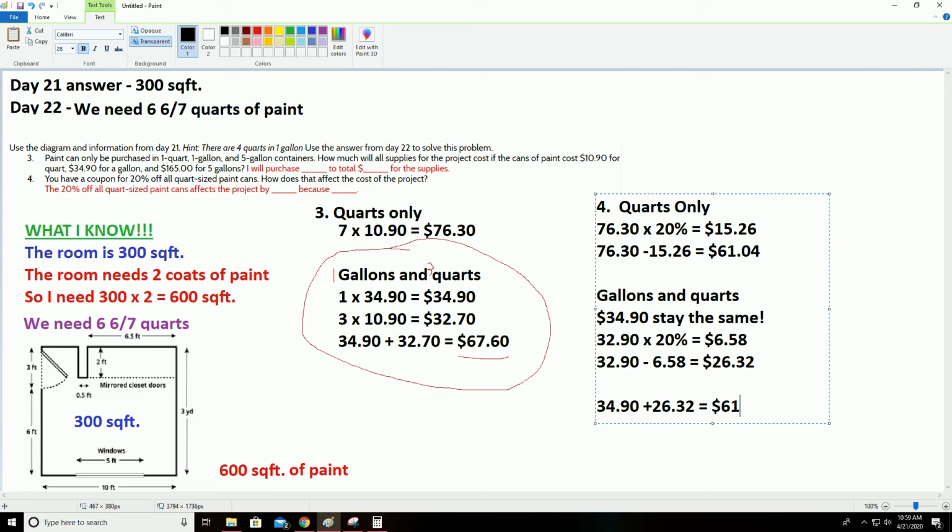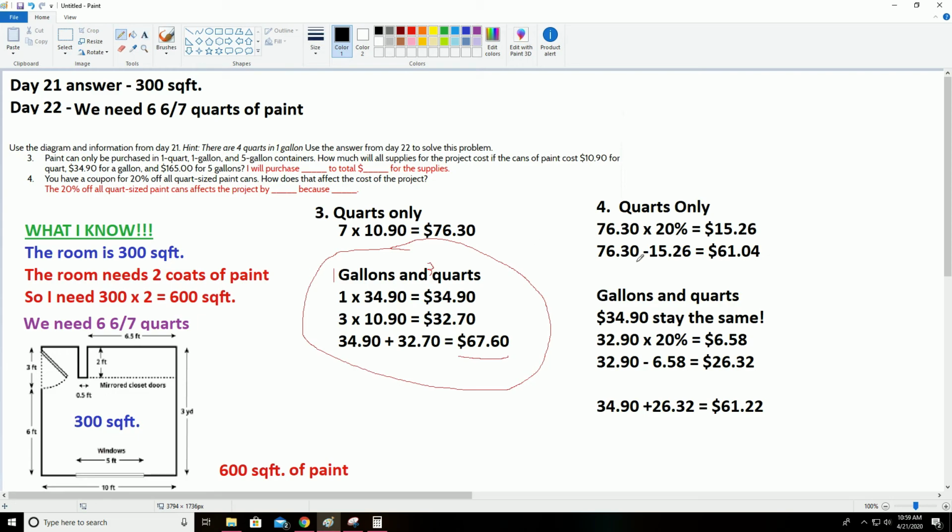So now, if the store was running a sale, which one would you go with? Would you still go with the gallon and quarts of paint, or would you go with the quarts only? Looks like to me, if it were me, I would choose quarts only this time because our new price is a little bit cheaper.